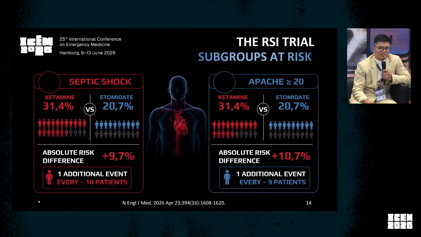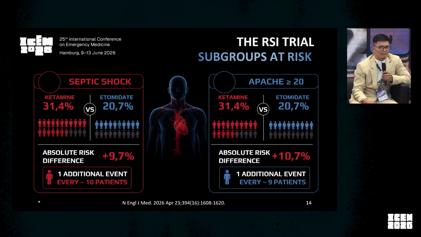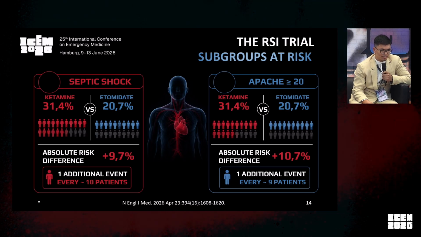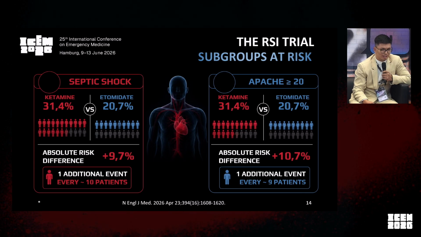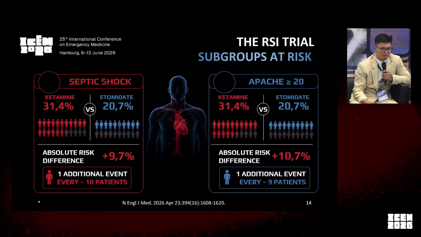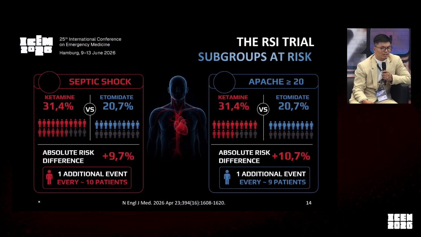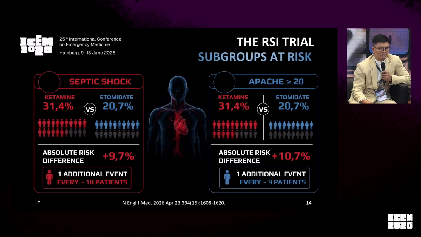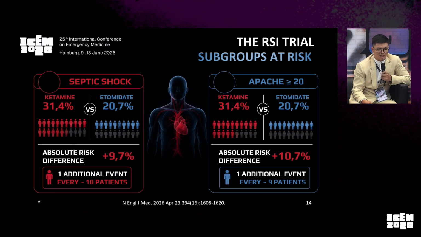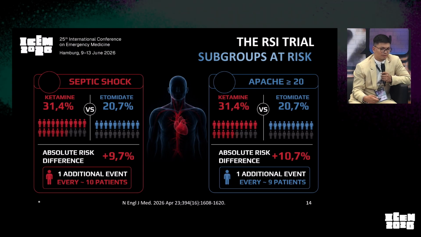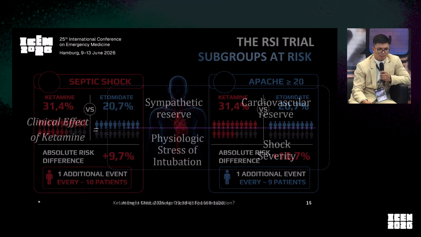And in the patients who are most ill, like PaC over 20, you can see the same thing: an absolute risk difference of almost 11% and an additional event every 9 patients. So the number needed to treat from 20 can be decreased to just 10 or 9 when you evaluate this in septic shock or a PaC over 20.